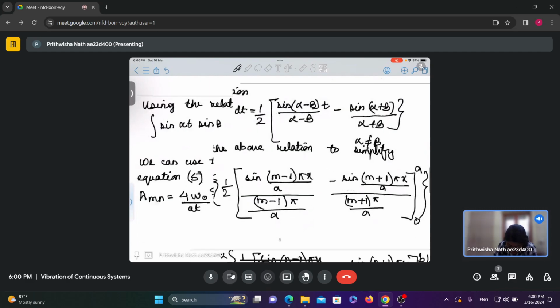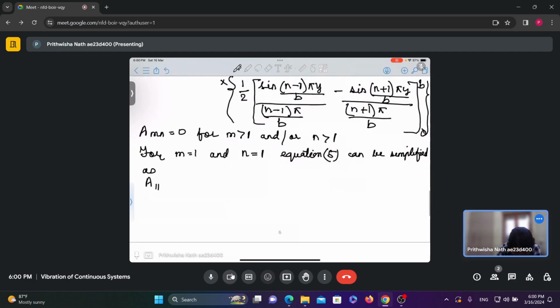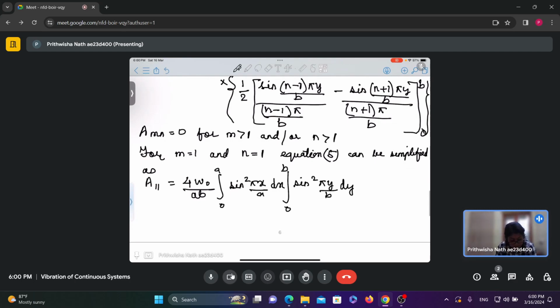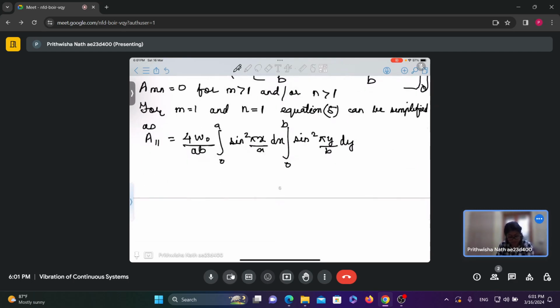So A_11 becomes 4 W naught by AB, integral from 0 to A of sine square pi x by A dx, and for y, 0 to B of sine square pi y by B dy. Now let's see what we get by solving this.